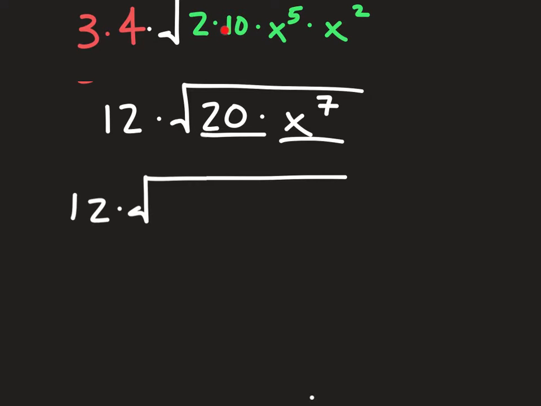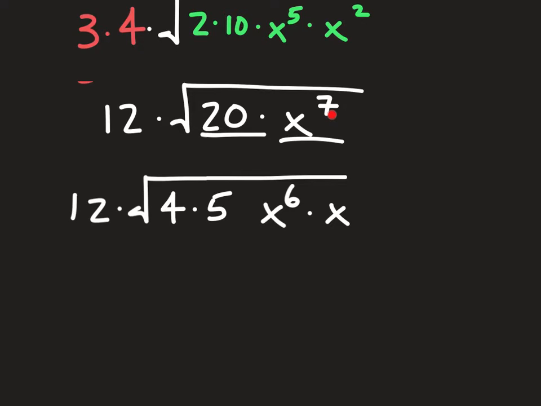I had 2 times 10 up here, but that's not going to work for me at all. What I want to do is rewrite it as 4 times 5. The reason is because 4 is a perfect square, and I can take the square root of that. Then I want to rewrite x to the seventh as x to the sixth times x, okay?